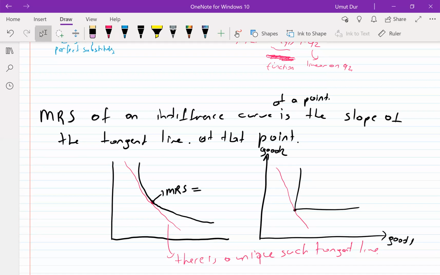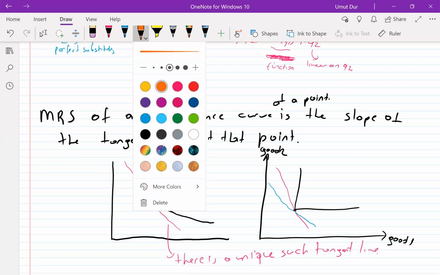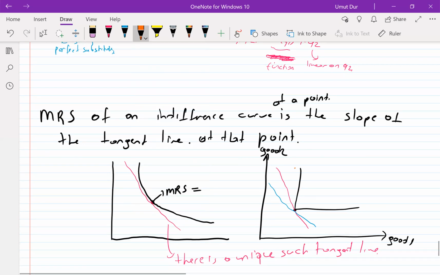So this is a tangent line, right? I can do the same thing here. I can draw something flatter, which is also touching at the same point. Moreover, I can do more. This is another one, some flatter tangent line. Since this is a kink, a corner, I can draw many tangent lines here.